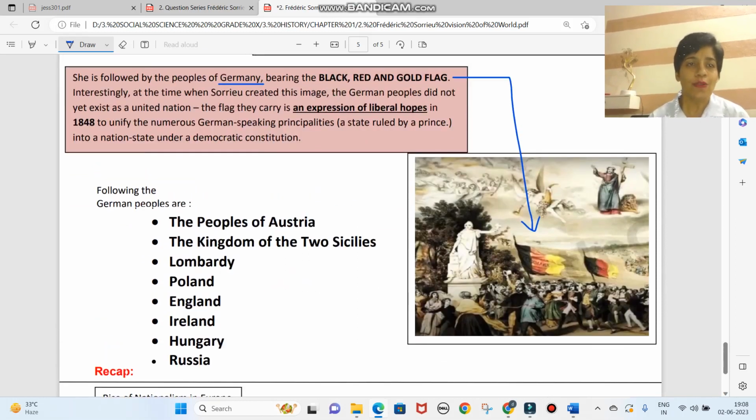It's quite interesting to know that Sorrieu created this image at a time when the German people didn't yet exist as a united nation.